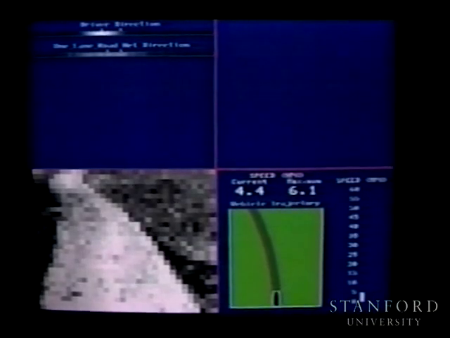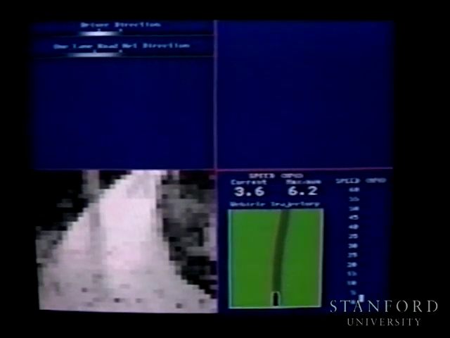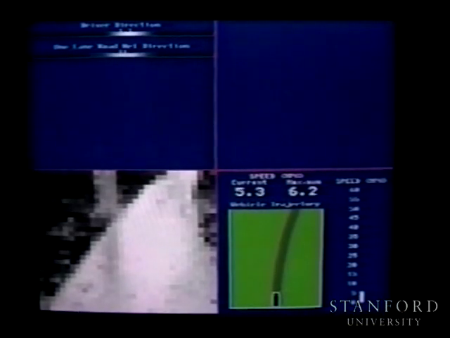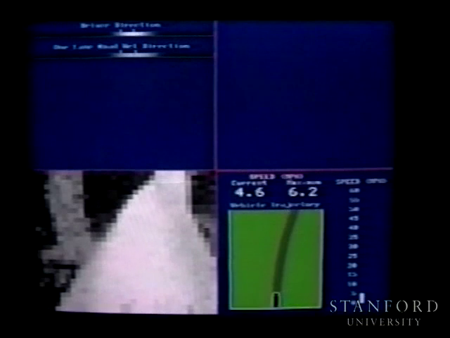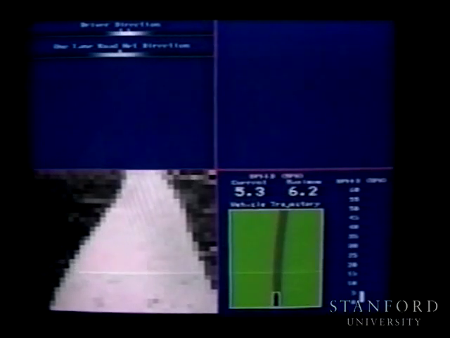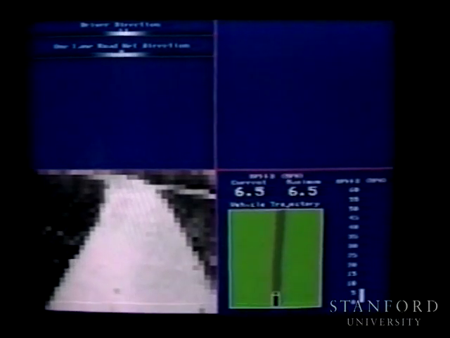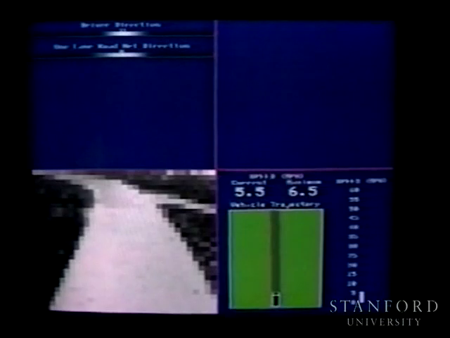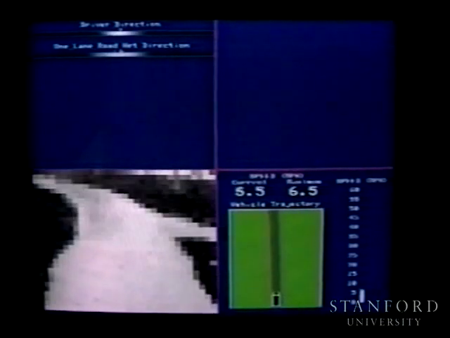After about 2 minutes of training, the network learns to accurately imitate the steering reactions of the human driver. This same training procedure is repeated for other road types.